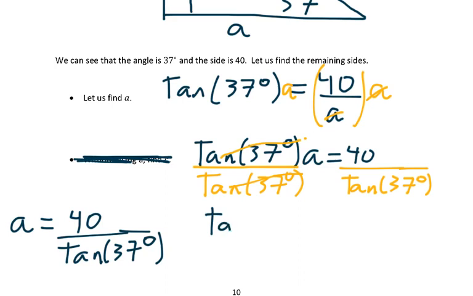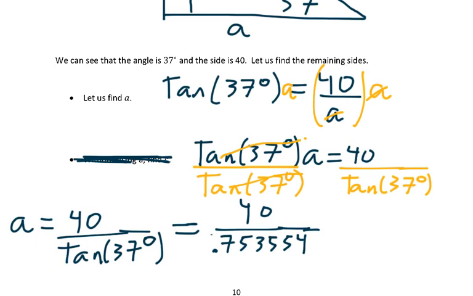So it turns out that tangent of 37 degrees is about equal to 0.7535554. Okay? So I'm using 6 decimal places. So what is this quotient equal to?